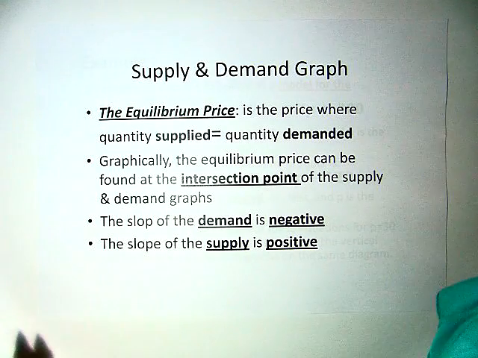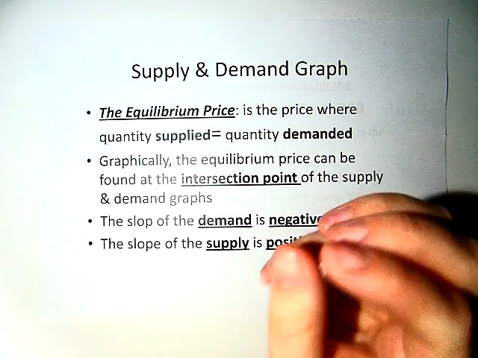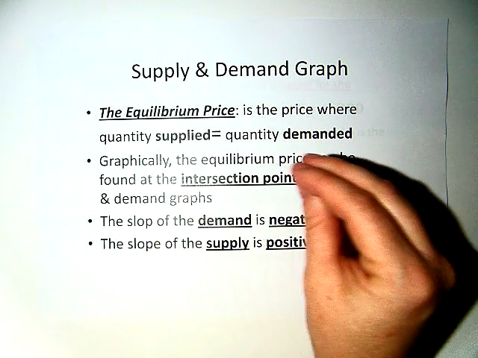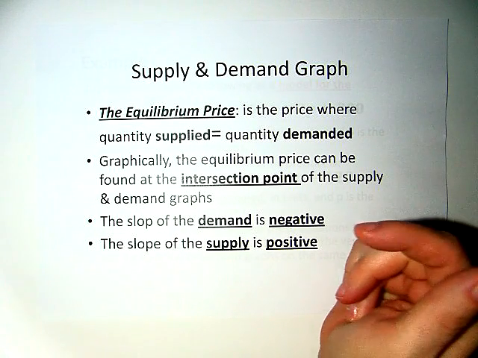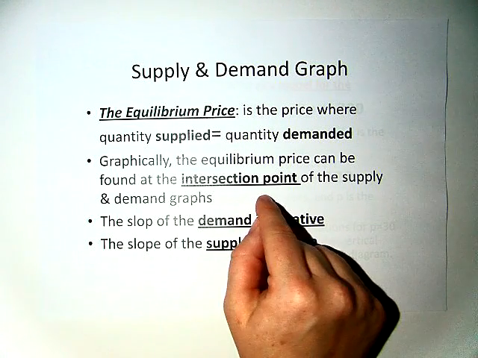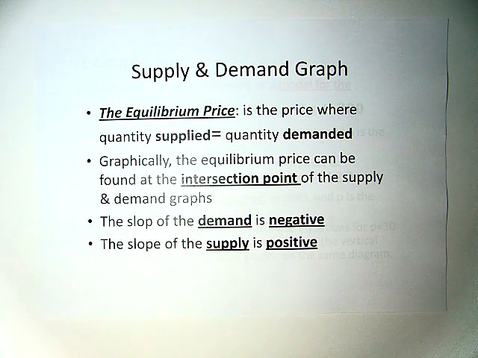Let's go ahead and actually try out some of these. We want to know where they intersect, because where they intersect is the equilibrium price. That's where you're going to be able to supply and demand in equal measures. Graphically, the equilibrium price can be found at the intersection point, so we are looking for the point where the two graphs intersect.